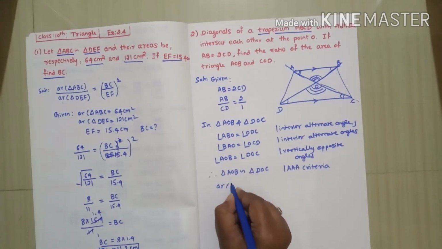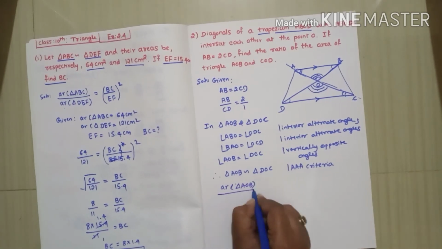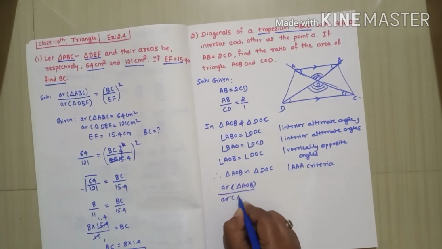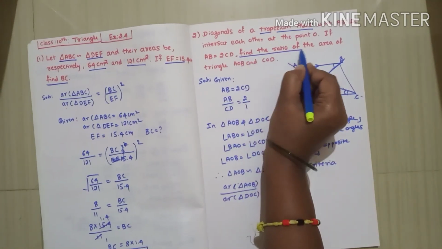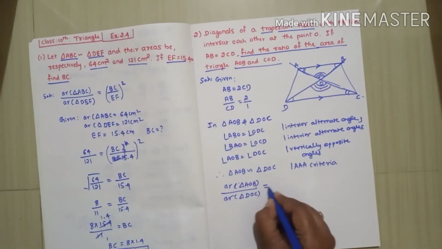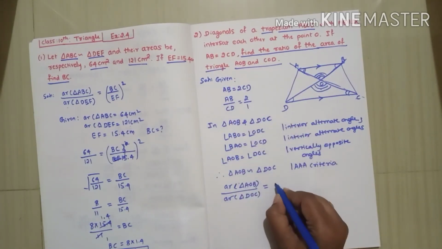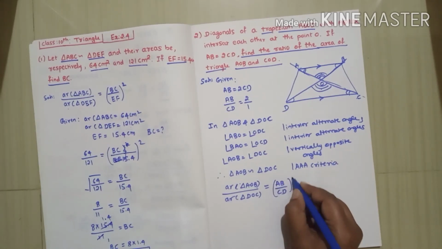Area of triangle AOB divided by area of triangle DOC, because we want to find the ratio of the areas of the triangles. That only I am finding here. Which sides do we know? AB by CD. AB by CD whole square. This is a theorem actually.